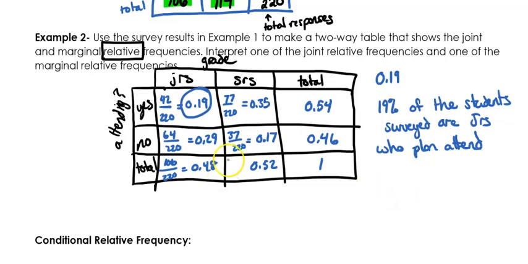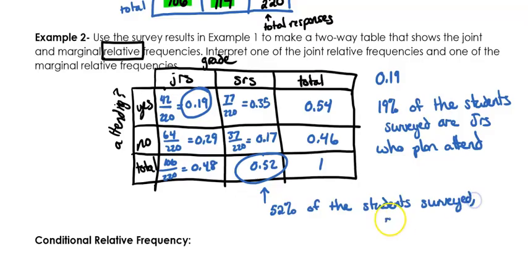Let's try a marginal relative frequency. For example, let's try this 0.52. That's a marginal relative frequency. It means that 52% of the students surveyed, not the whole student body, just the 220 students who were surveyed, are seniors.